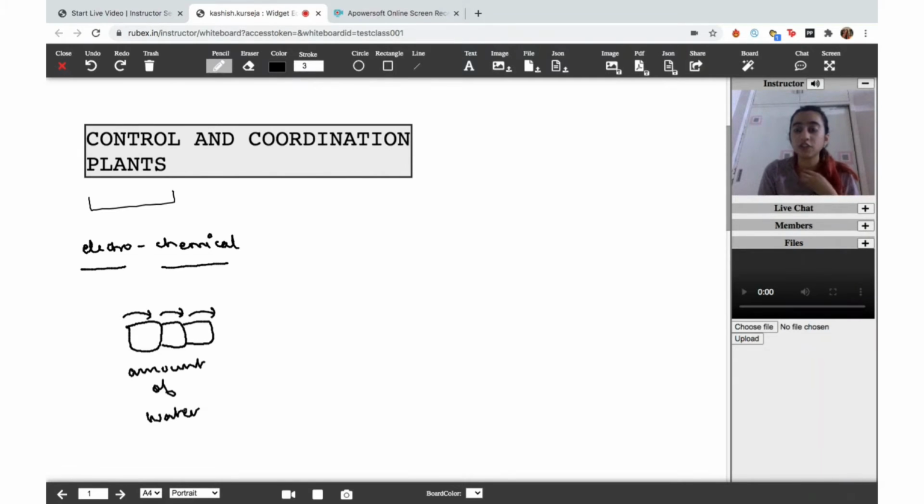This is how they actually communicate. जैसे कि suppose the water content of this cell is gonna reduce and it's gonna pass it on to the next cell. Then in this cell it is gonna reduce and it's gonna pass it on to the next cell. So they communicate by changing the amount of water that is found inside the cells.